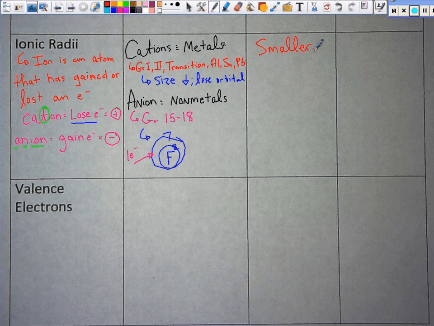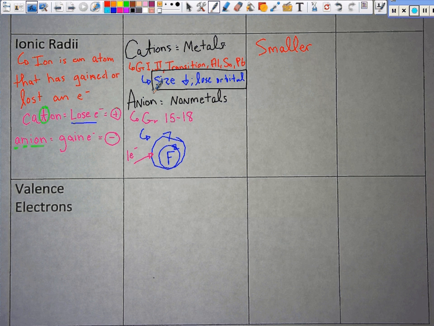And then the anions, even though they are gaining an electron, you're still technically going to be smaller within the same group. So even though lithium is going to lose and get down to 2, the fluorine, when it's charged, is still going to be a little bit smaller because it still has those 9 electrons pulling on the center.